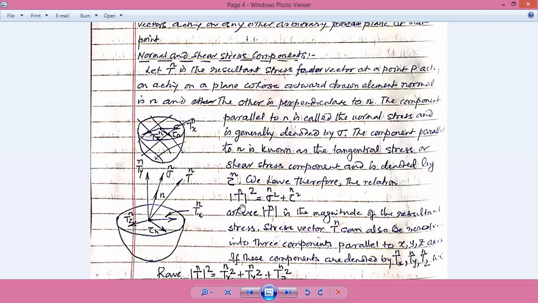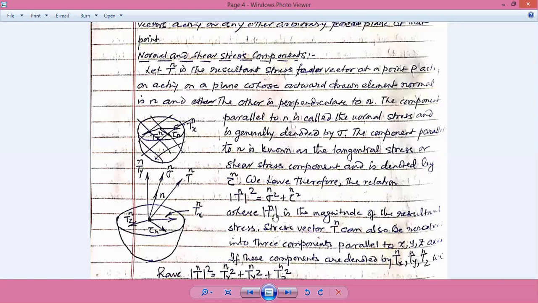This is stress, not force, acting on a plane whose normal is n. That is the definition of that plane. Its component sigma acts along this normal, defined as n, and tau acts perpendicular to that normal, which is defined by n itself.